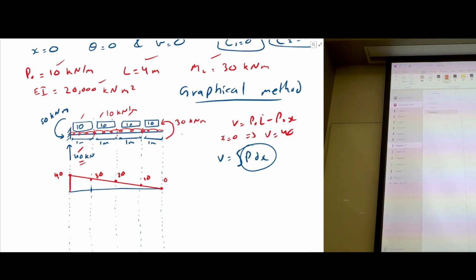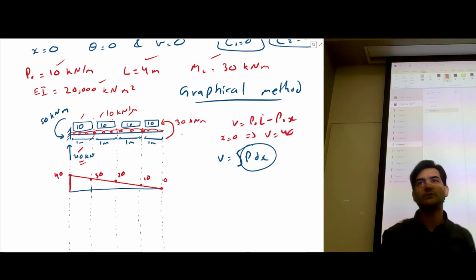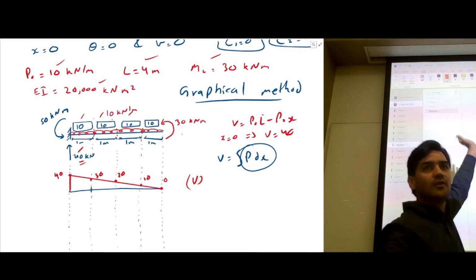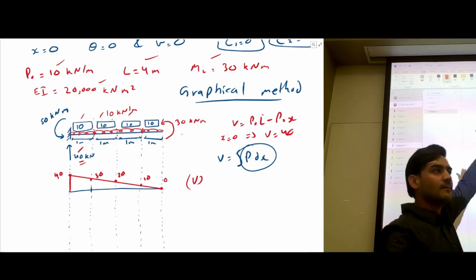For example, at this point, you have a shear force which is going up, and then you have a loading force, which is going down. This is also going down, this is also going down. So 40 minus 30, you're going to get 10. So that's how you can calculate the shear force. So is it clear, or is it a little confusing? Okay.